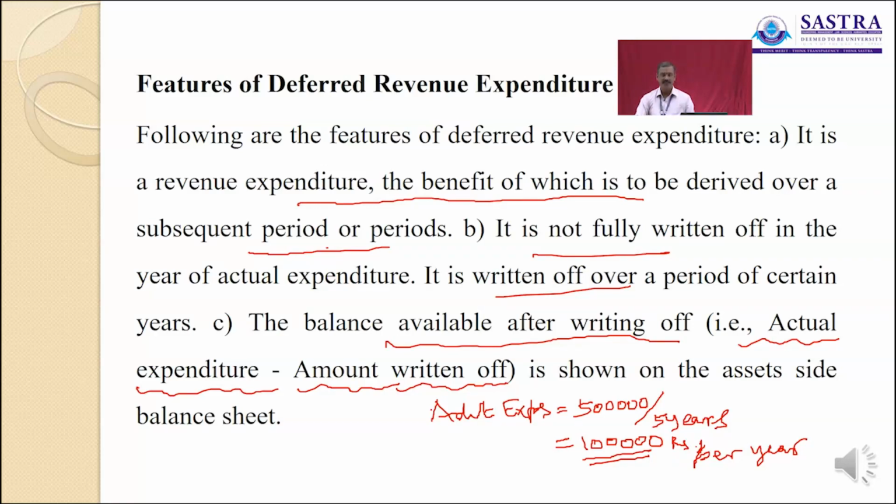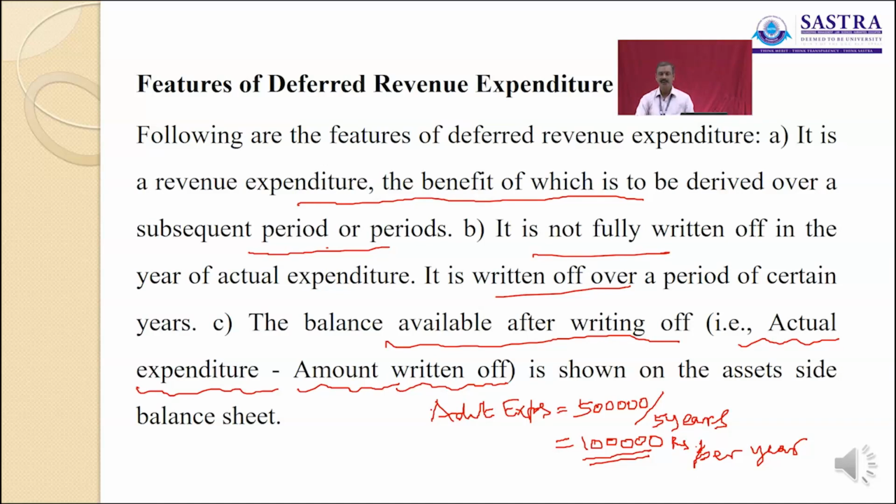So that 5 lakhs is deferred revenue expenditure, but the 1 lakh will be written off and shown in the P&L account every year, so as to match with the other revenues and expenses, and also to reveal the true picture of profit or loss. And the same amount is deducted from the total amount of 5 lakhs since the beginning.